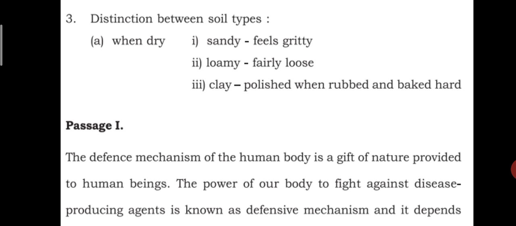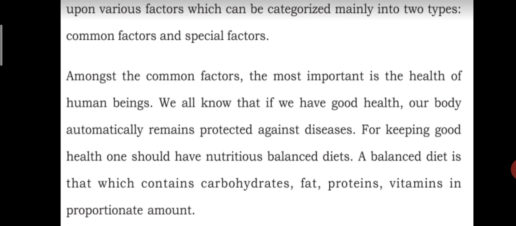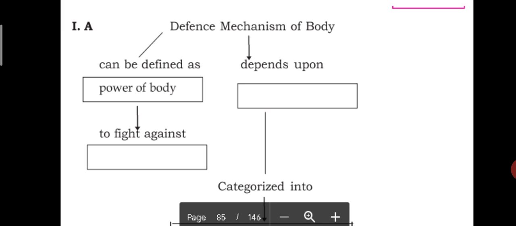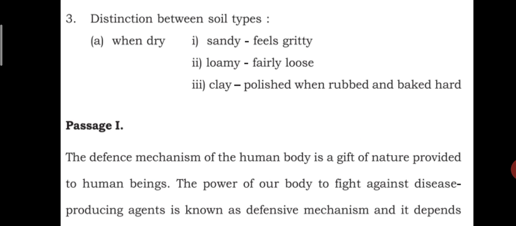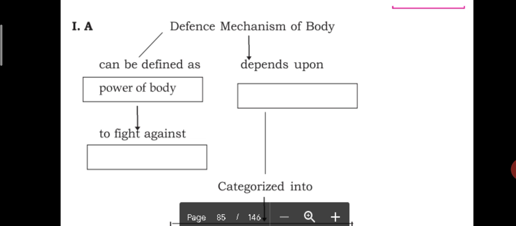The power of the body to fight against disease producing agents is known as defense mechanism and depends upon various factors. The answer is given here. So that depends upon various factors. Now it can be defined as the power of the body to fight against disease producing agents. That is the answer there.